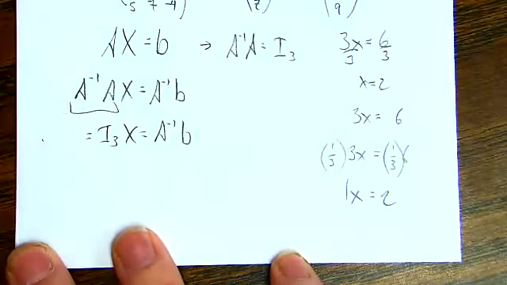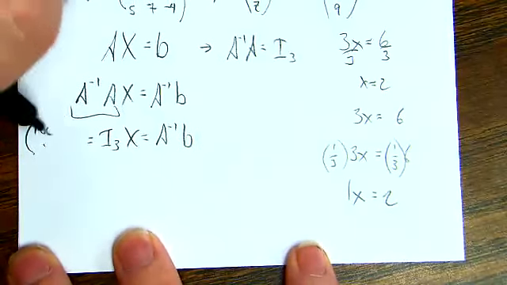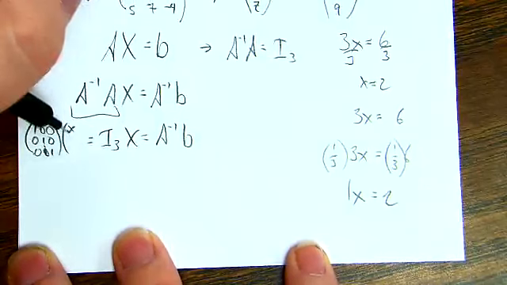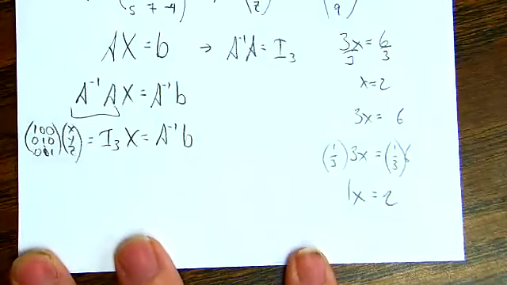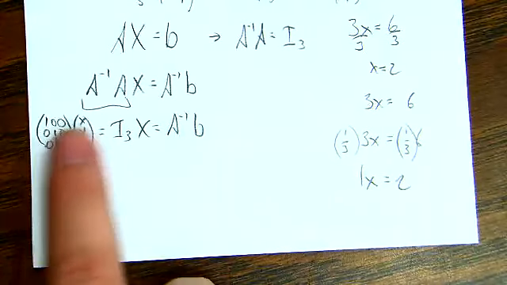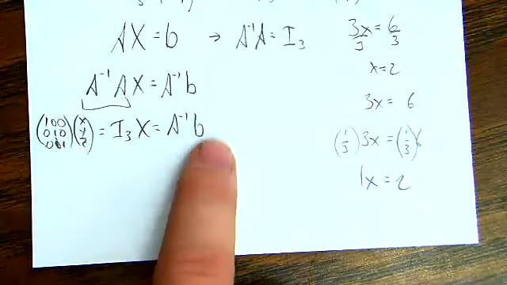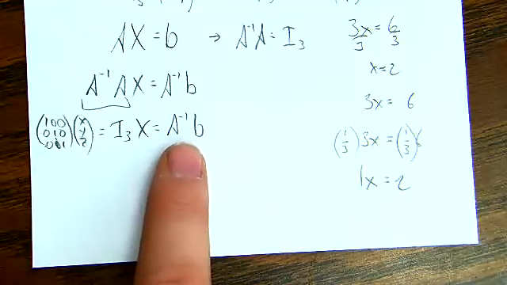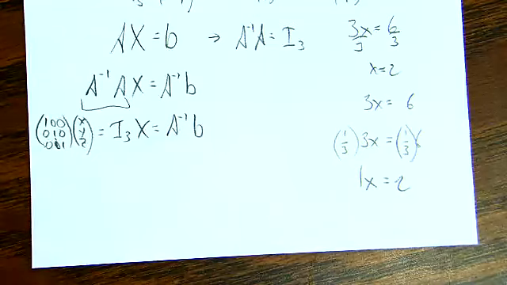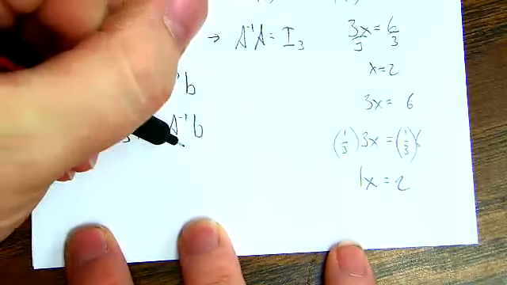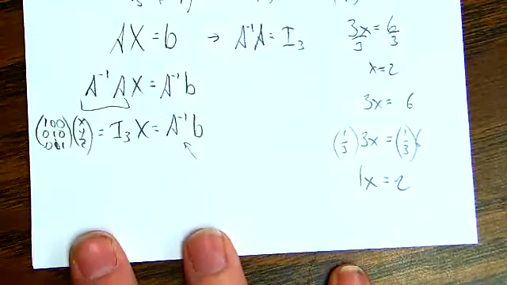So when I say I3 times X, I3 is the diagonal matrix with entries of 1, and X is the matrix X, Y, Z. So we can see if I was able to do this, I would get 1x equals whatever the first element here is, 1y equals whatever the second element is here, and then 1z equals whatever the third element is here. Of course, all of this hinges on our finding A inverse.